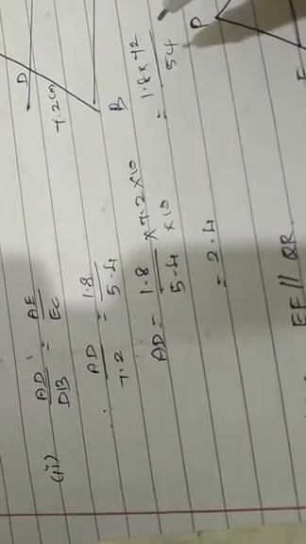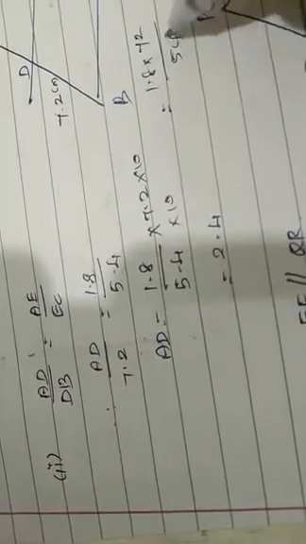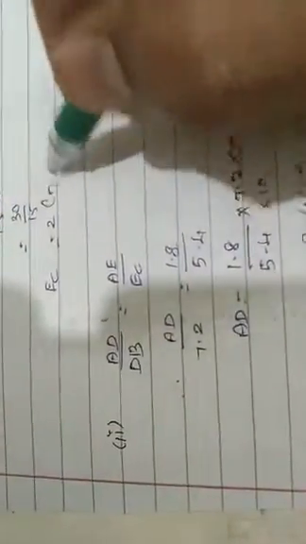This is a multiple of 9: 6 nines are 54, 8 nines are 72. Next, 4 threes, here 0.6. So 0.6 into 4 is 2.4. So 2.4 centimeters. Right. Next problem.